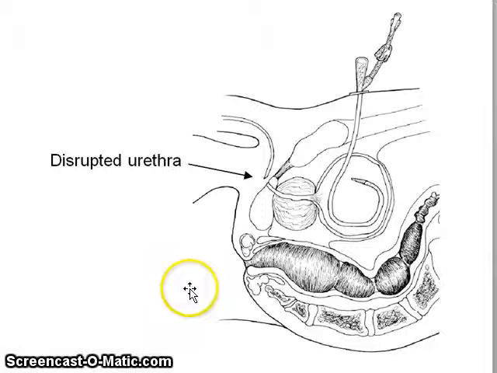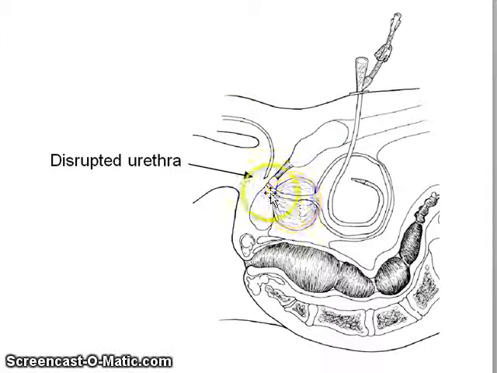Okay, the next procedure, a suprapubic cystostomy or a suprapubic catheter. This diagram is demonstrating a disrupted urethra. Here's the bladder, and this is the prostate gland, and here it's showing a disrupted urethra.